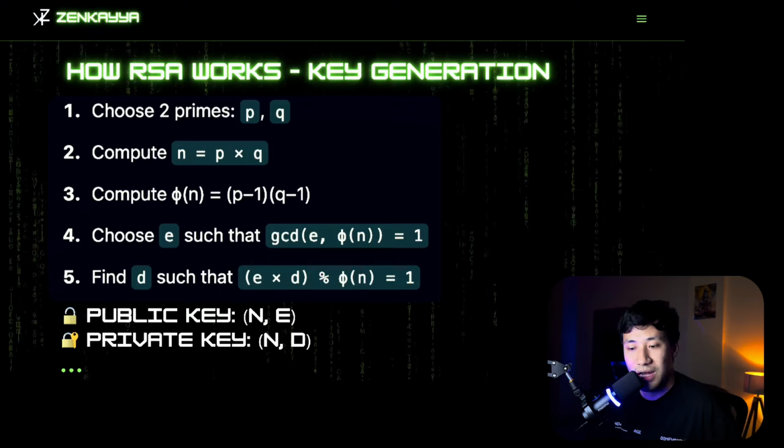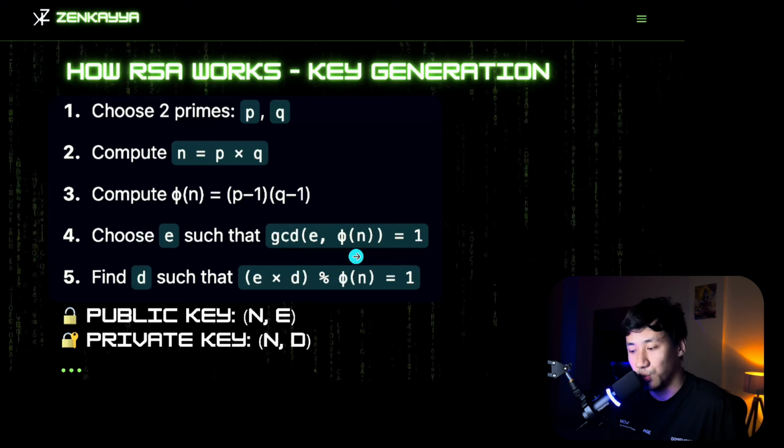Then find D such that E times D modulo phi of n equals 1. That is, if you multiply E by D and divide by phi, the remainder should be 1. So you need to find E and D such that this condition is true.